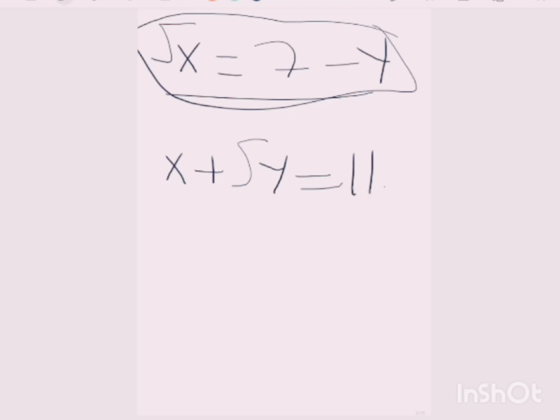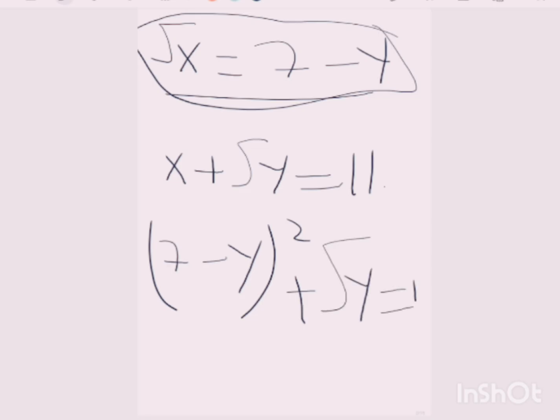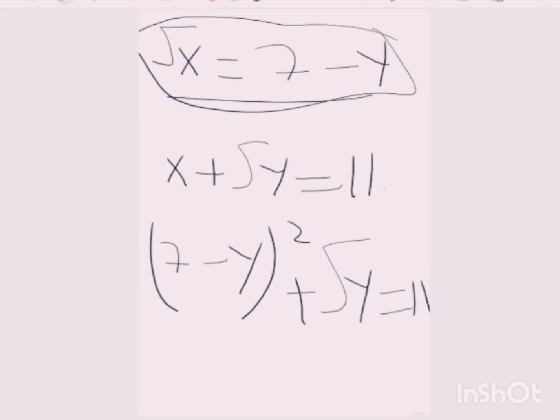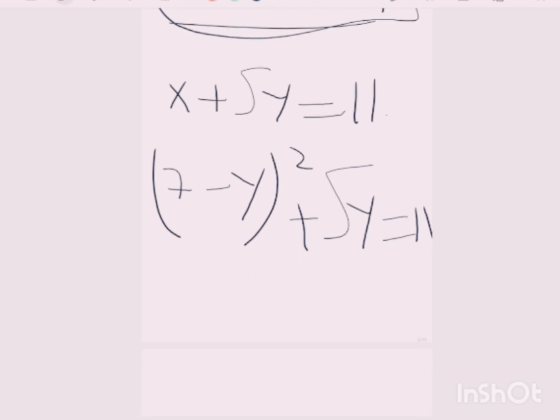So we square this, so this will be 7 minus y whole square plus root y equals 11, but that becomes a problem, as you can see this root y and 7 minus y can't be factorized here.